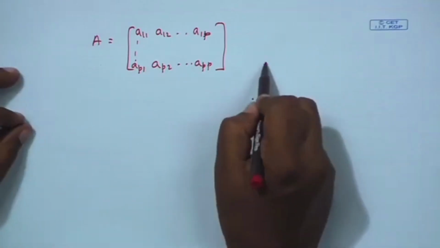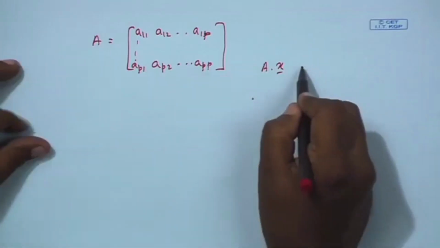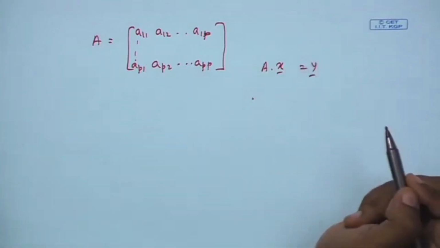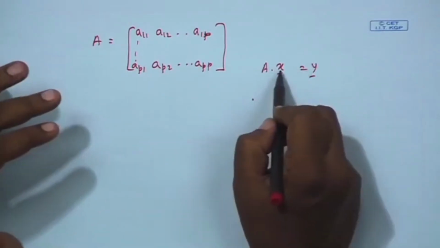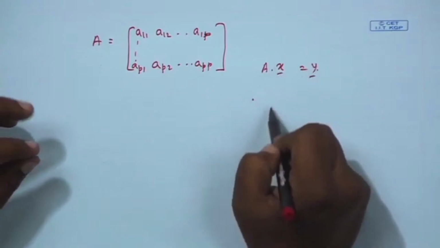Now, if you multiply A with any vector x, you know how to do this, you will get another y. But y and x, it's not in general that y is just x with all samples multiplied by a constant.